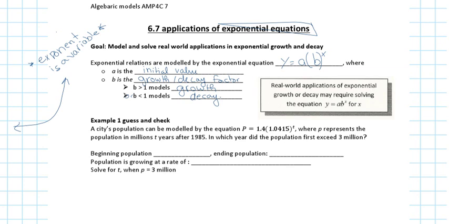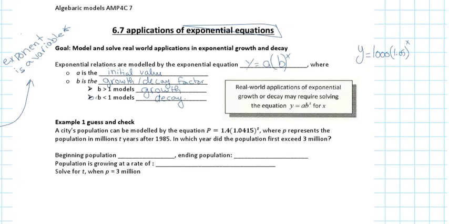So, if I'm looking at an example here, y equals 1,000 times 1.05 to the power of x, where's a, where's b, and what does it represent? What's your a? The initial is 1,000. So you're starting with 1,000. And then where's your growth or decay factor?